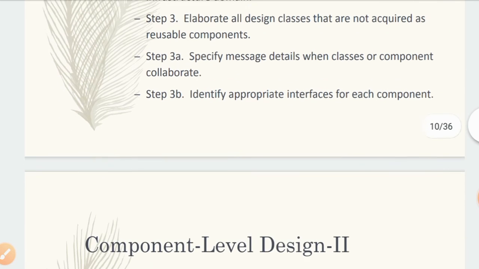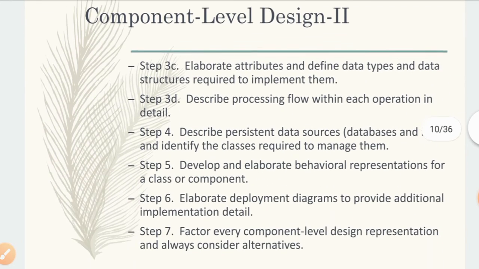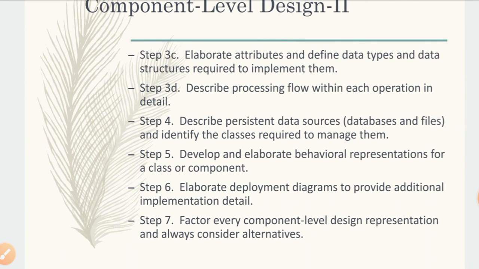Step 3c is to elaborate attributes and define data types and data structures required to implement them. If you are going to print your file, and the file is 10 pages, then you need to specify the coding for your pages so that they can be printed successfully.